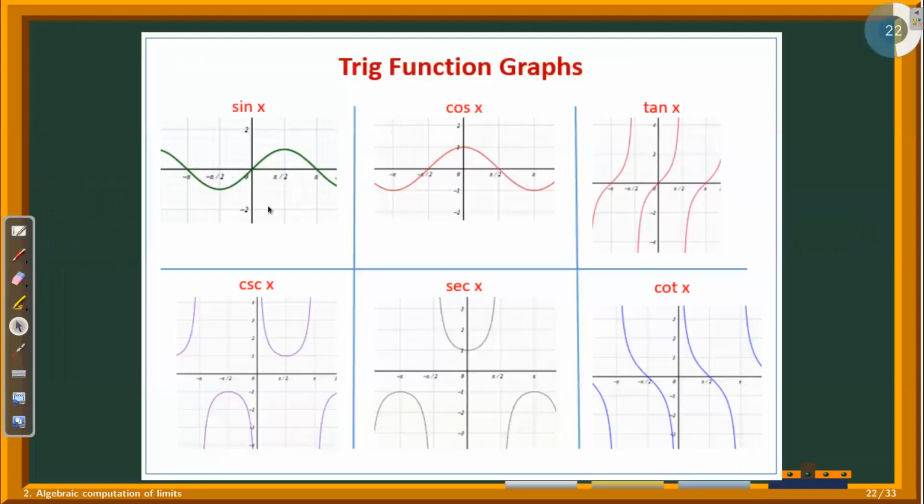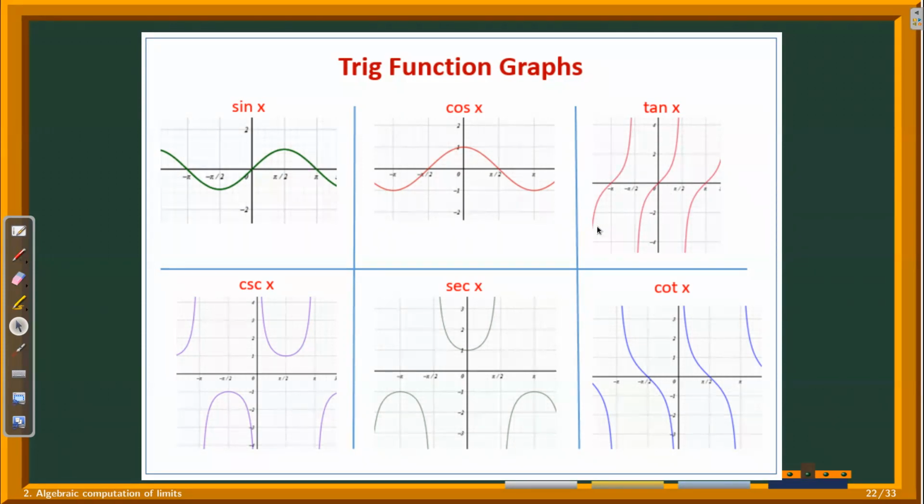These are the graphs of trigonometric functions. So you can say sin x and cos x are continuous for all values. tan x is continuous except at these pi over 2 multiples: pi over 2, negative pi over 2, and 3 pi over 2.